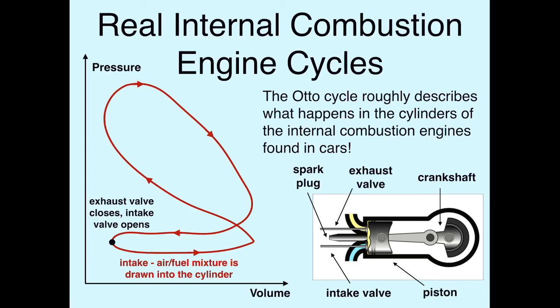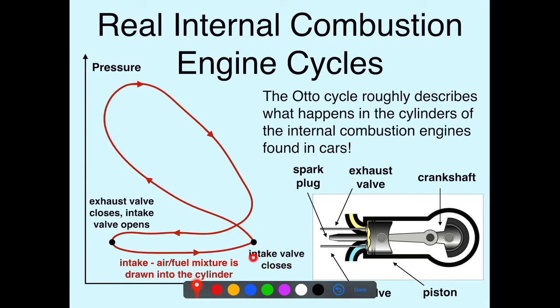The next thing that happens is we move along this curve. So at this point, the intake valve closes. So it's open for a while so we can get some fuel in there, but then at some point it has to close. The reason we close it up is now we're gonna compress the gas, so the volume is gonna decrease. And if that valve is closed, as we compress the gas, the pressure is gonna go up, okay?